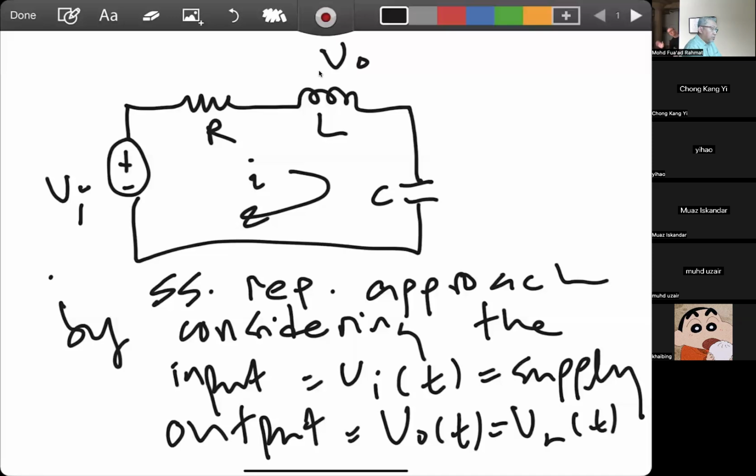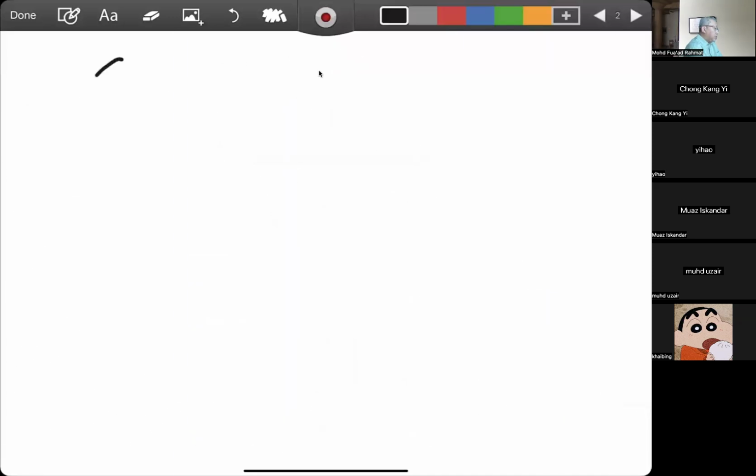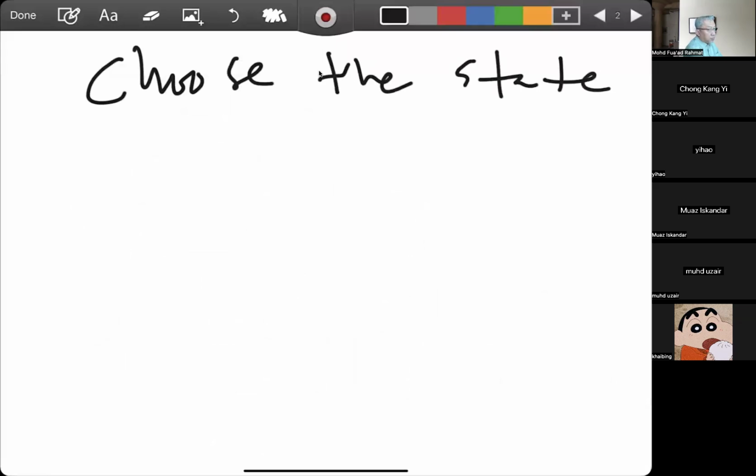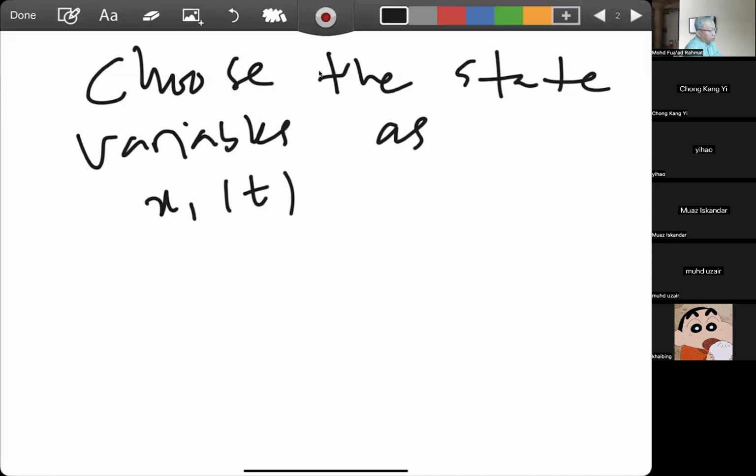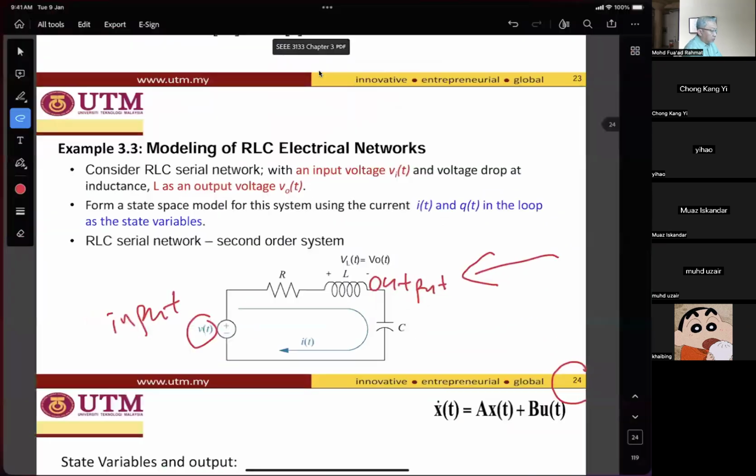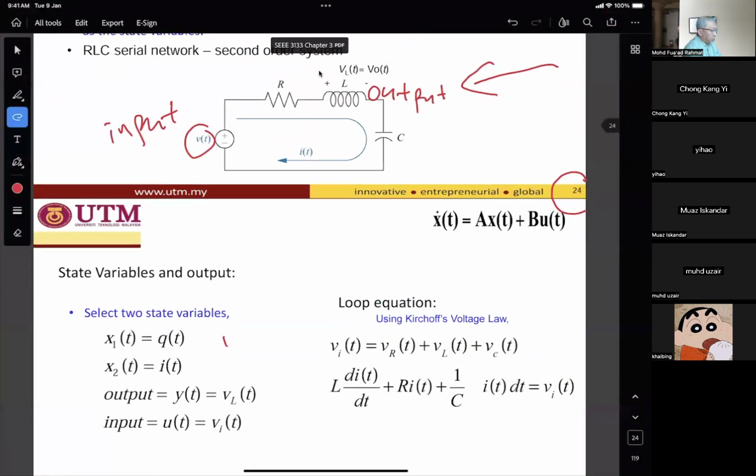Okay, so choose the state variables as x1 of t, which is here, q of t, and x2 of t, i of t.